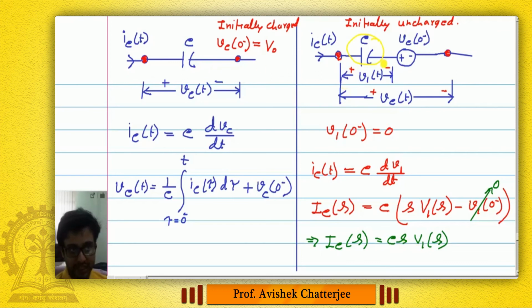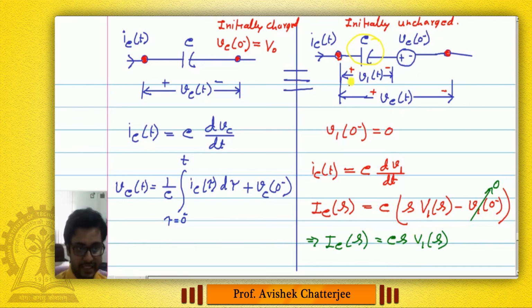However, these two circuits are equivalent from outside. From outside you will see same voltage, same current as here. But the nice thing about this circuit is that when you concentrate only across the capacitor, a nice easy relationship exists.